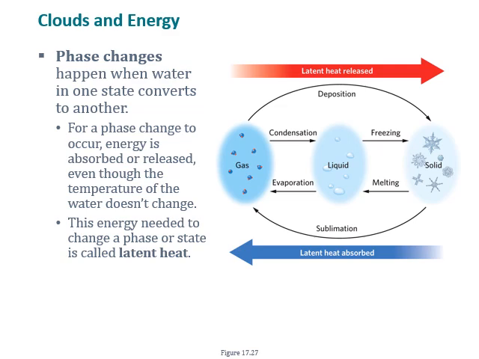The energy needed to change a phase or state is called the latent heat. So when you melt and evaporate or sublimate, you absorb latent heat, and when you condense, freeze, or deposit, you release latent heat.